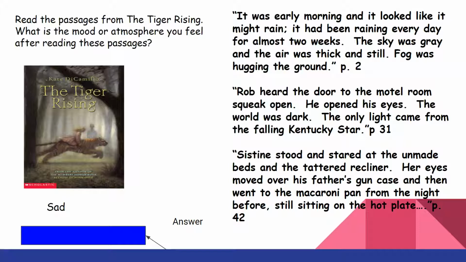Kate DiCamillo uses a lot of word choice and has a lot of imagery in this, and it really helps me get a feeling for what the mood is like in this story. For me, words like rain, gray, fog, the door to the room squeaked open, it was dark, the light came from the falling Kentucky Star, and words like unmade, tattered, gun case, a macaroni pan from the night before still sitting on the hot plate.